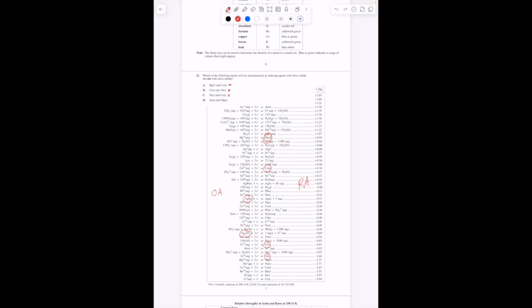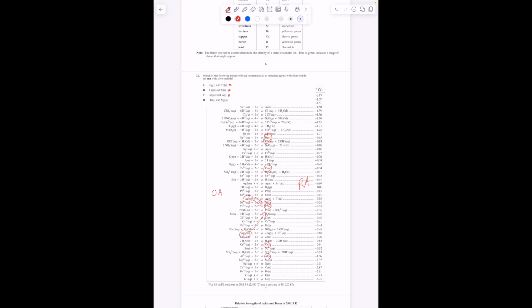Next one, nickel and cobalt. There's nickel, and there's cobalt. All right, this is probably the answer. Those are spontaneous with silver iodide, but not silver sulfide.